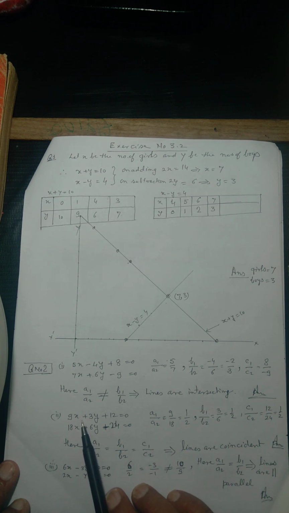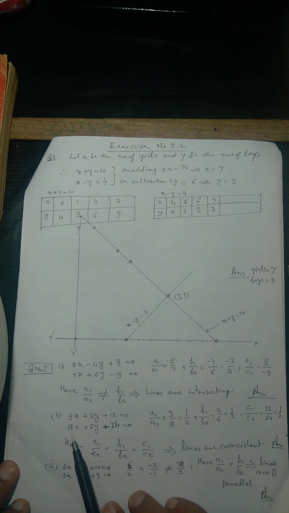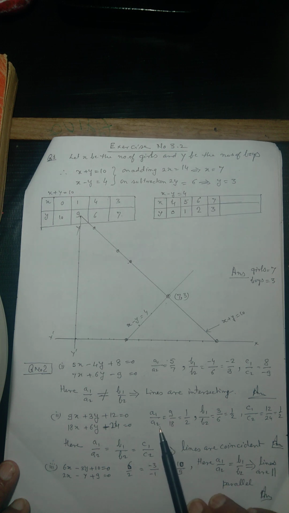Now proceed to the second part. 9x plus 3y plus 12 equal to 0, and 18x plus 6y plus 24 equal to 0. Here A1 by A2 is equal to 9 by 18, that is 1 by 2.